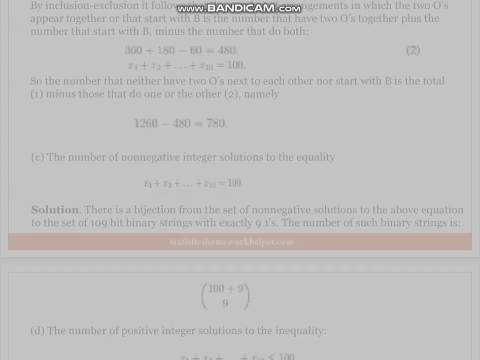By inclusion-exclusion, the number of arrangements in which the two O's appear together or that start with B is the number that have two O's together plus the number that start with B, minus the number that do both. So the number that neither have two O's next to each other nor start with B is the total, minus those that do one or the other.